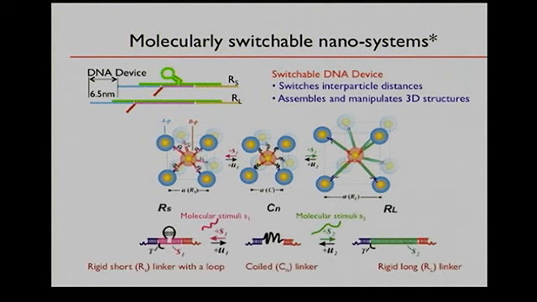The way to do it is we start from the linker, which connects two particles not shown here, and we add single-stranded DNA to form this type of structure, or remove it and go back into the coil configuration, or add an additional strand to switch to this type of configuration.